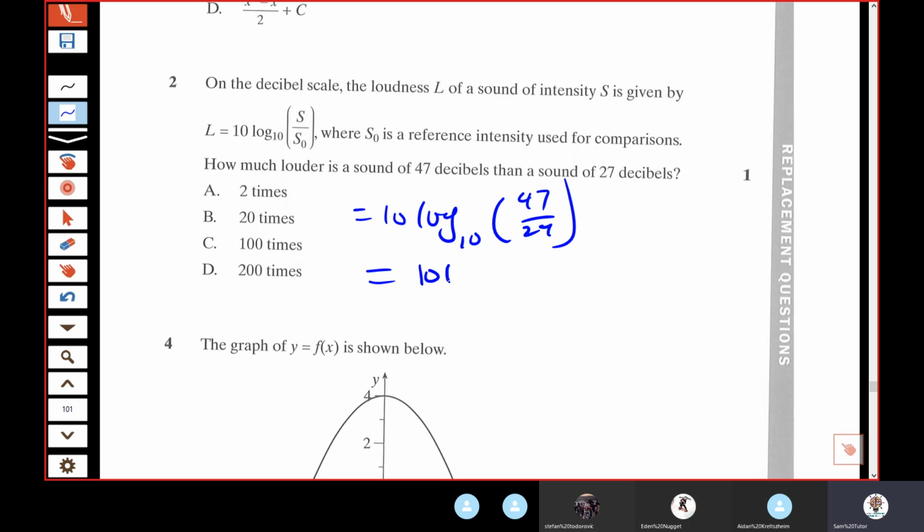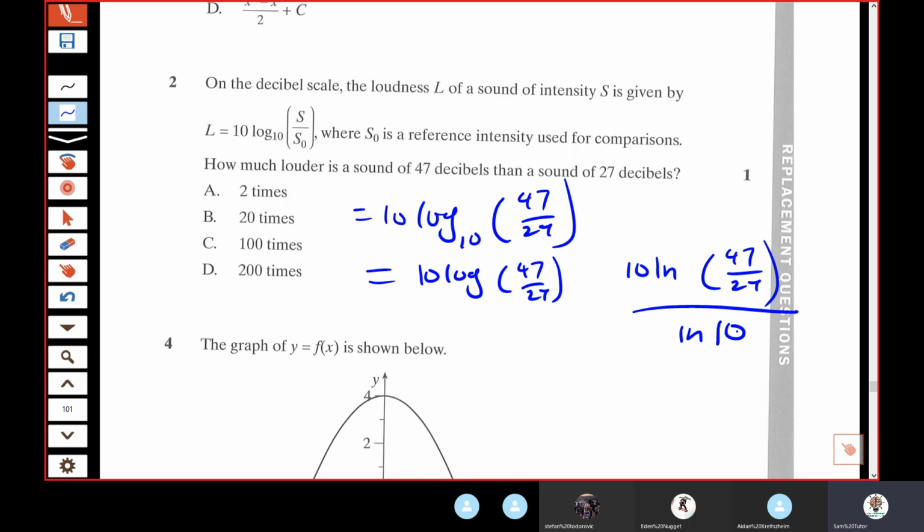If you use log, then you'll just plug this into your calculator. If you want to use ln's, then you plug this into your calculator. And it'll give you the same answer, which is how many times? What did it become? 2 times?